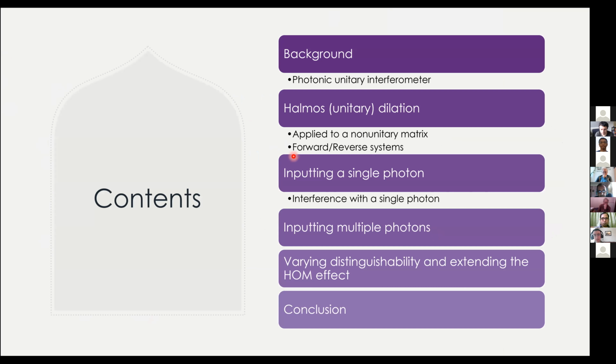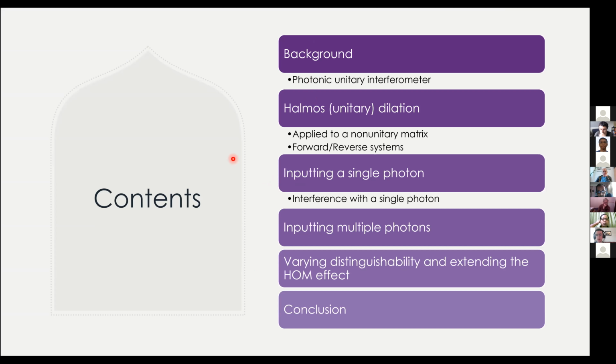Before I start, I'm going to go through the order. Essentially, in the lab, we have a photonic interferometer that implements some unitary transformation. So I'm going to talk about that first to motivate where this comes from, because most methods of simulating PT-symmetric systems using dilation involve Hamiltonian dilation, but we use unitary dilation instead, which is motivated by the fact that we use a photonic unitary chip.